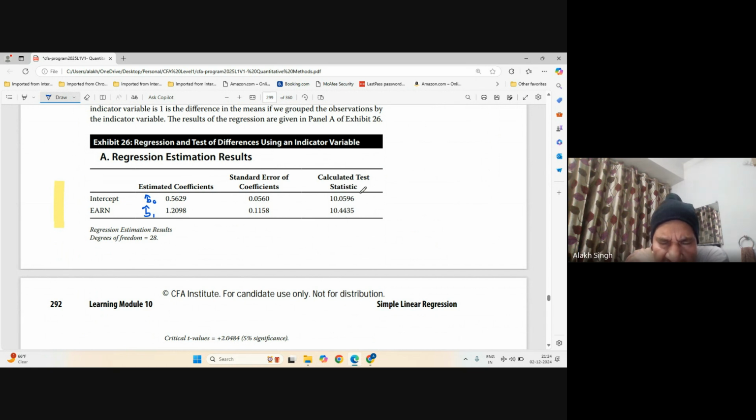Calculated test statistic must be T because it is only one variable. How do I say it is T? Because this divided by this is T. If you divide 0.5629 by 0.05, it will be 10.05. Divide 1.20 by 0.11, it will be 10.44. So these are T values, the calculated T statistics.